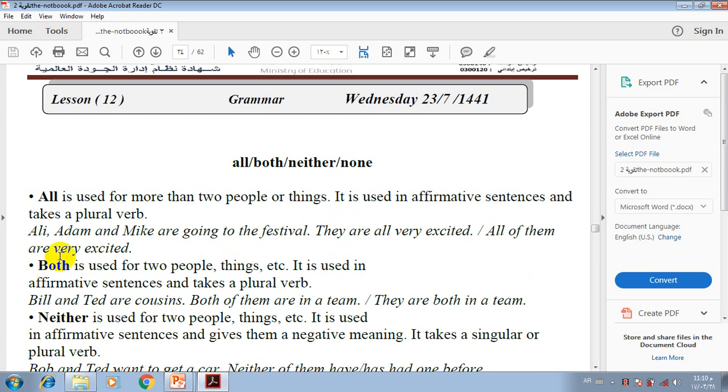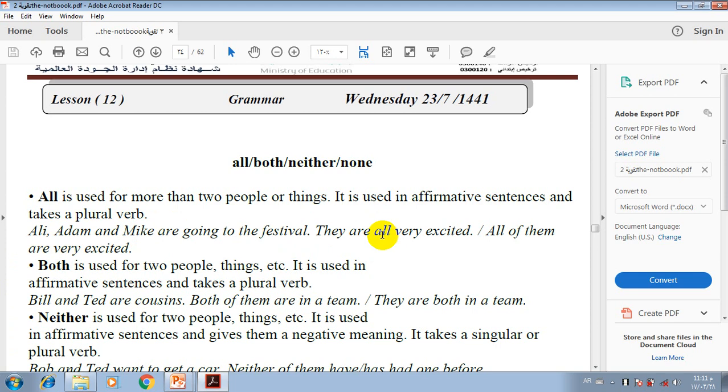All of them are very excited. Here we use all instead of Ali, Adam, and Mike, because they are more than two people. So we use all in the other sentence instead of them.